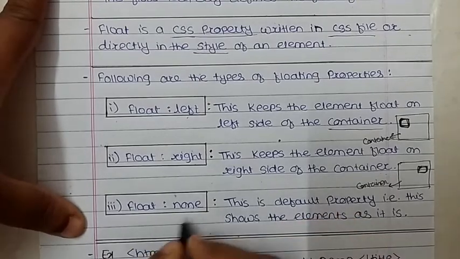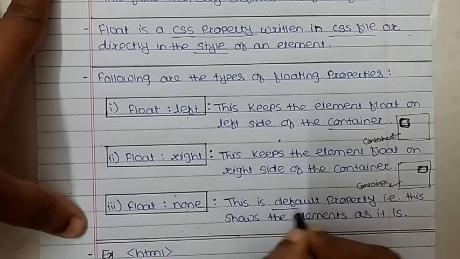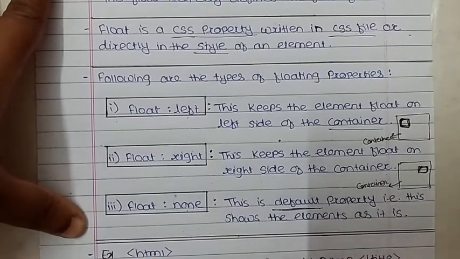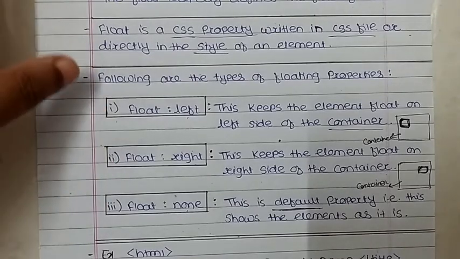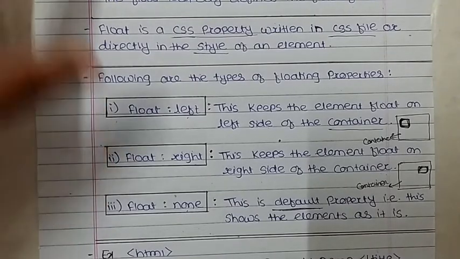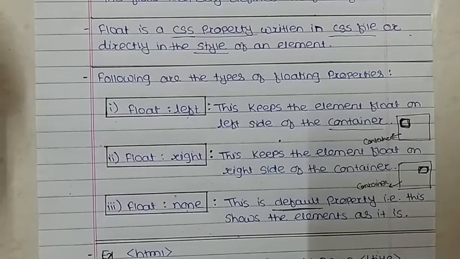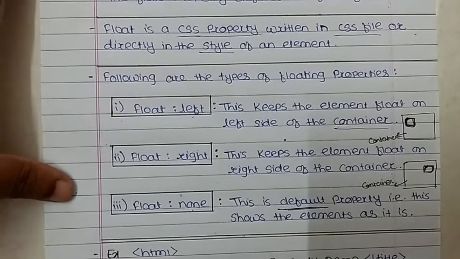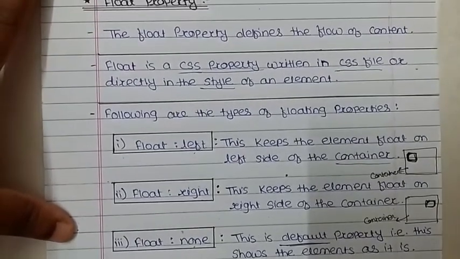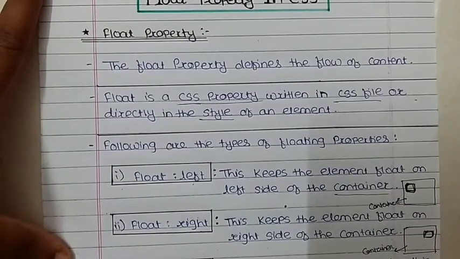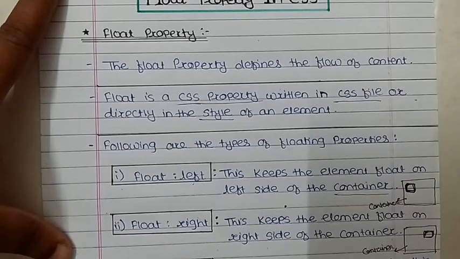What does none mean? It is the default property, that means the element is shown as it is. No need to change, no changes are displayed when we use float none. Next, we will discuss this property with the help of an example and we'll see the output of this one.